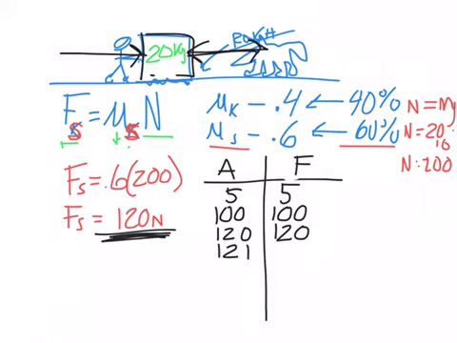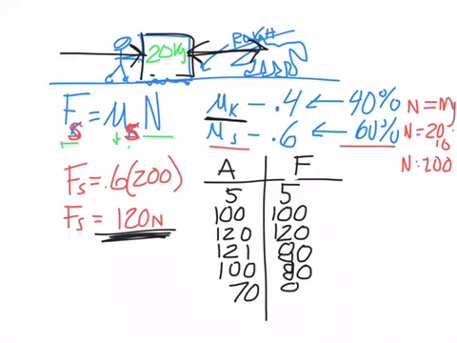Well, when the box moves, it drops back to this kinetic friction, which, remember from the previous example, was 80 newtons. So once I get to 121, the friction force drops down to 80. Then I could drop back to 100 newtons, and the friction force stays at 80. If I get to 70 newtons, what would the friction force be?